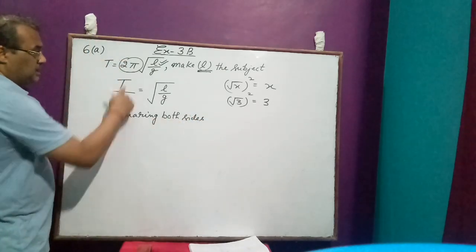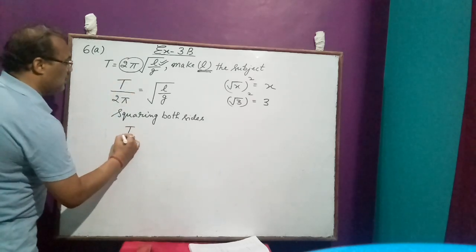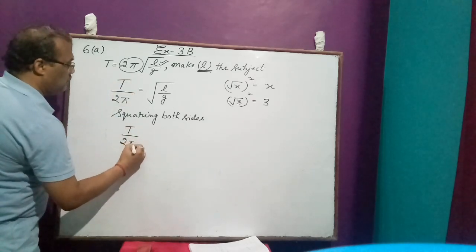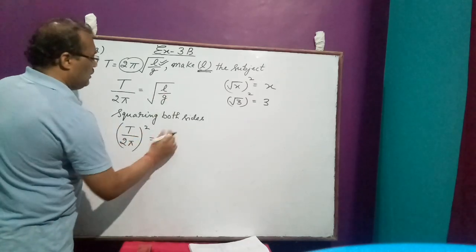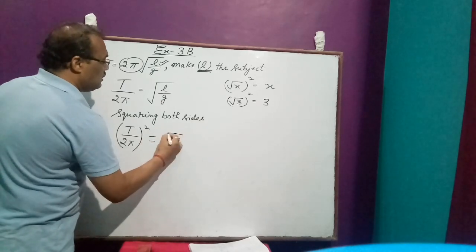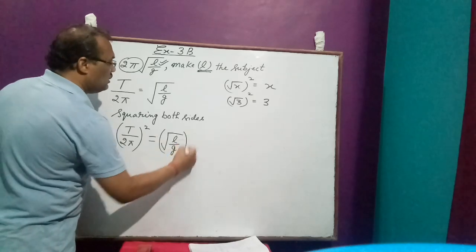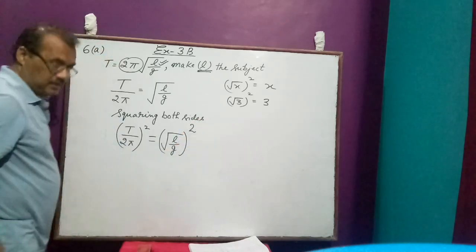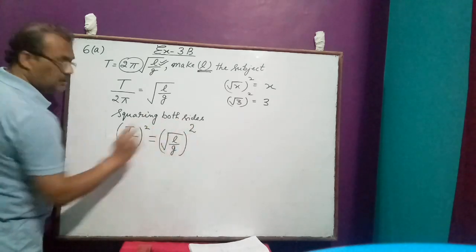So when we square both the sides, T upon 2 pi square, and here square root L upon G, and then square.